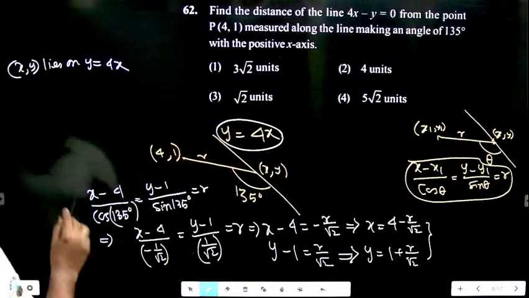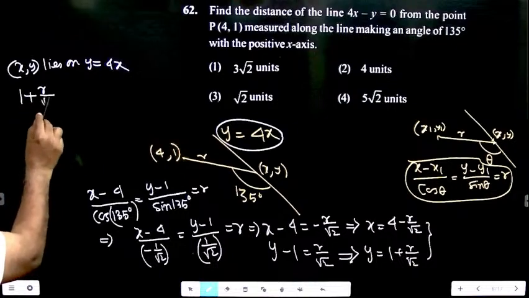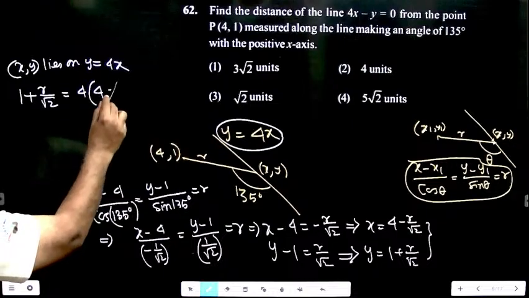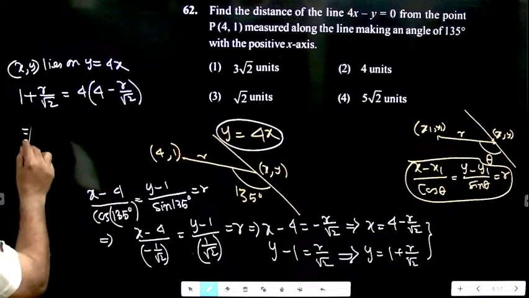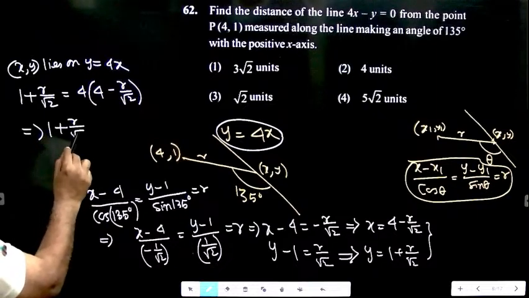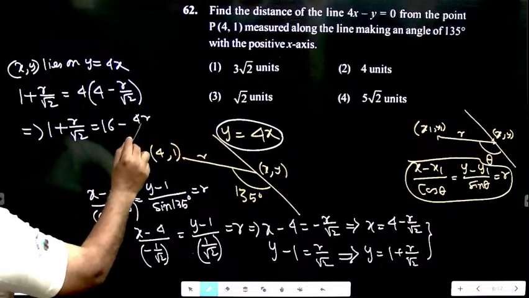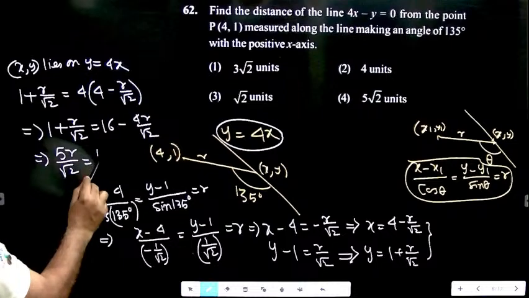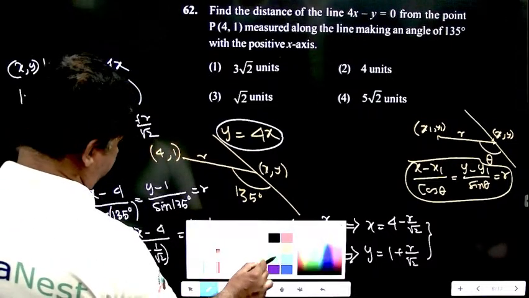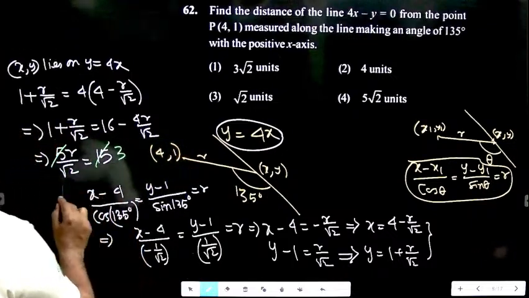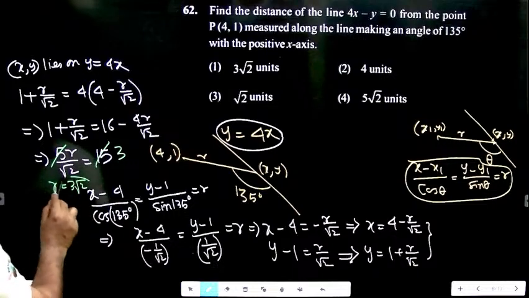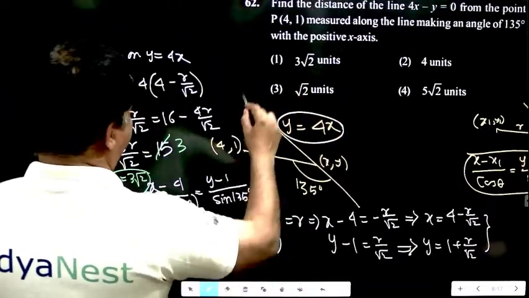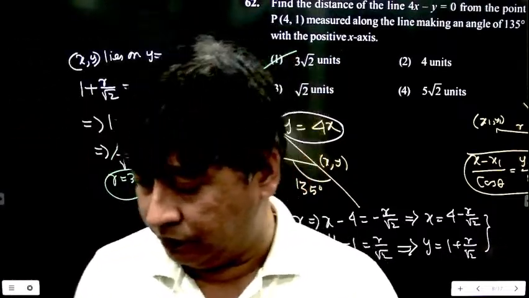What is y? 3 root 2. Option 1. Got it? Yes, sir. Got it.